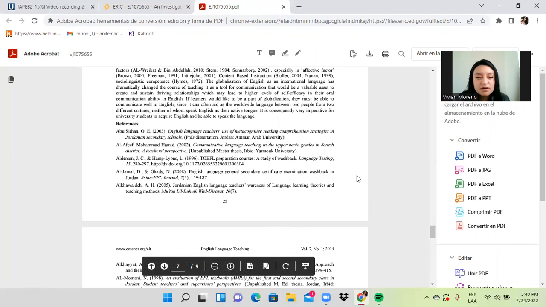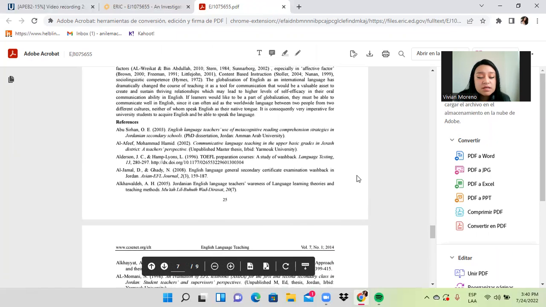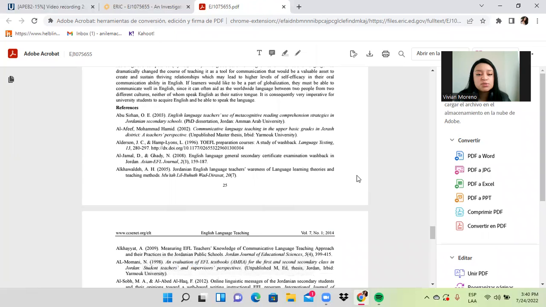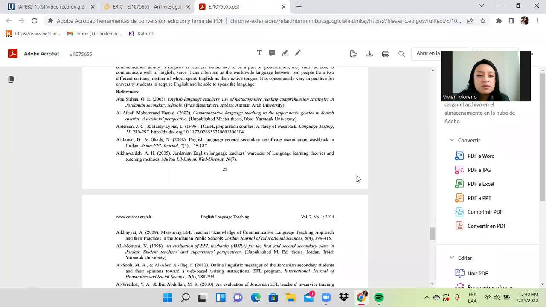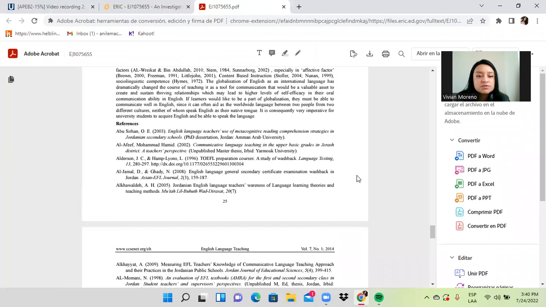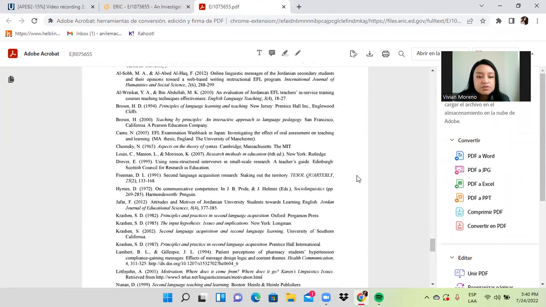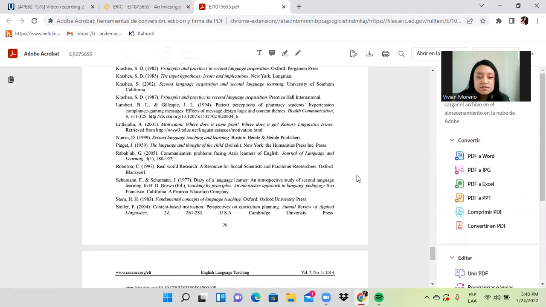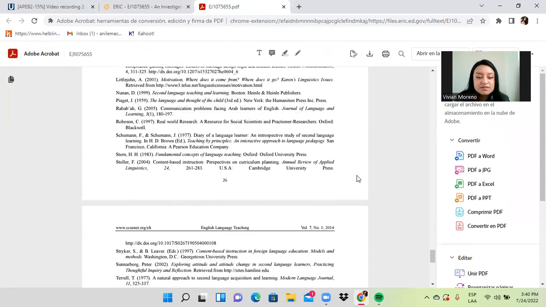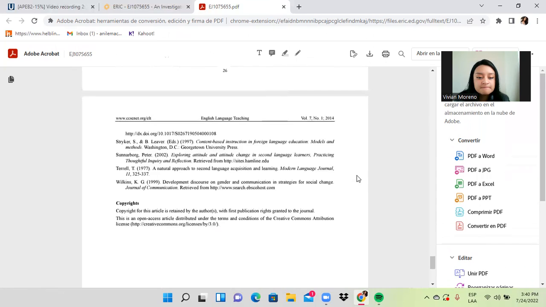The references are the resources the researcher had to use to develop the journal article in a proper way. As we know, it's important always to cite, always to have a reference list to avoid plagiarism. So as you can see, it's a very extensive list of references, right?